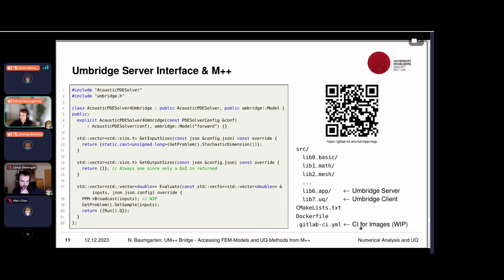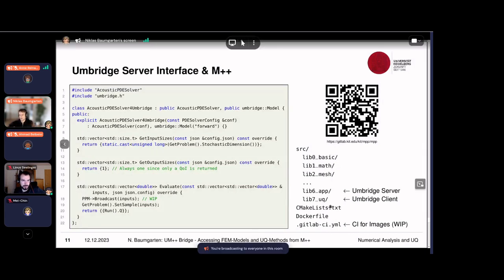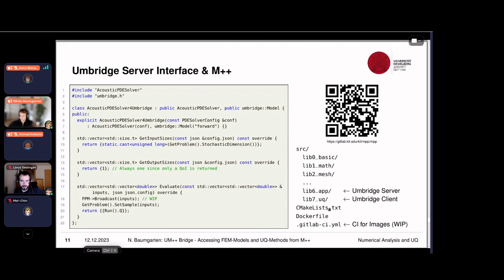The idea is to use the CI to continuously produce new images of M++ as Umbridge server and Umbridge client and publish them, such that we can easily swap out, for example, the whole finite element part by another finite element solver, or swap out the UQ code by some other UQ code and really have intercomparability between different solvers and UQ codes. So that's basically the idea. This is very much work in progress, and this part here is still not solved 100%, communicating this input data, but I hope we will get there soon.